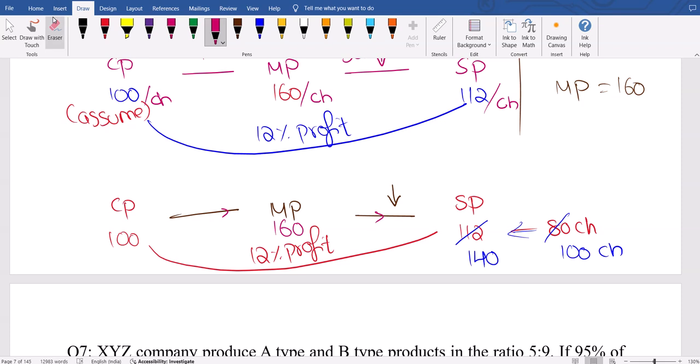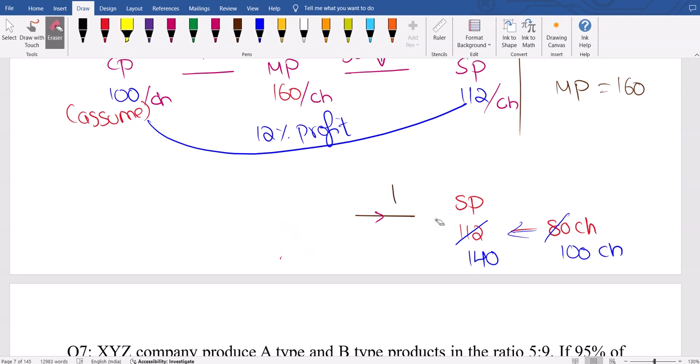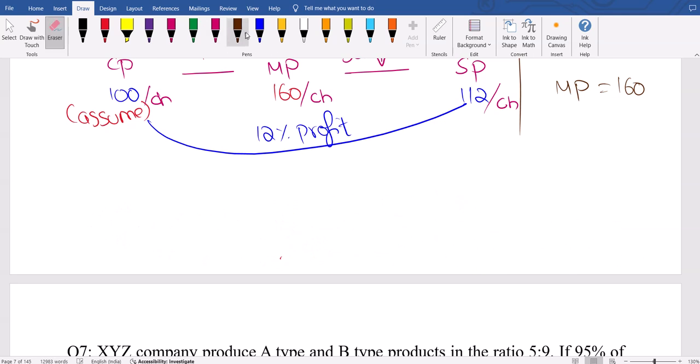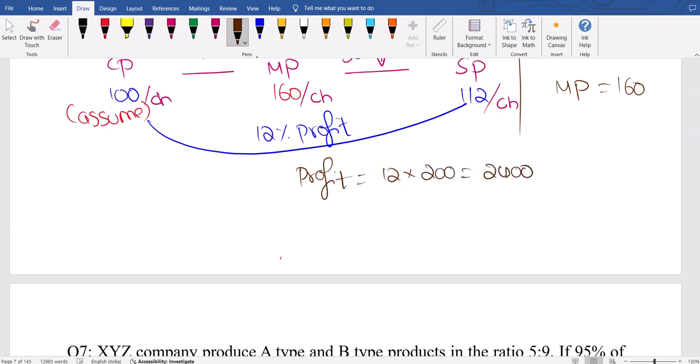You want to get the same profit. Previously how much profit was it? Profit should not be disturbed. Previous profit is 12 rupees per piece. But for 200 toffees, you want to get 2400 rupees as the profit. Now also the profit must be the same.